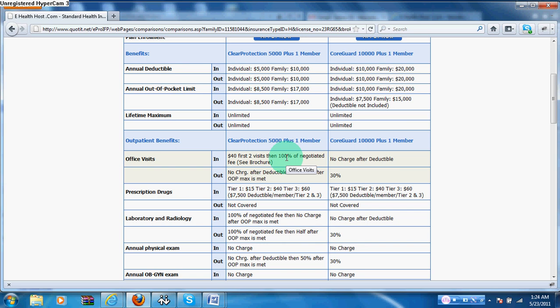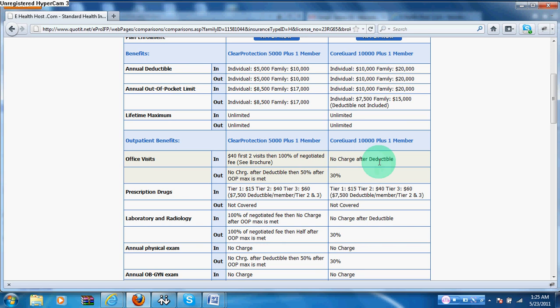For example, with a 20% discount on that bill, which is the negotiated fee, you'll go to the doctor and have to pay like $80 per visit. Or even if it was a 40% negotiated fee, you may have to pay 60% of that doctor visit. And a doctor visit usually is $100, so you may be left with a $60 doctor visit. Okay, it's very important you guys understand that.